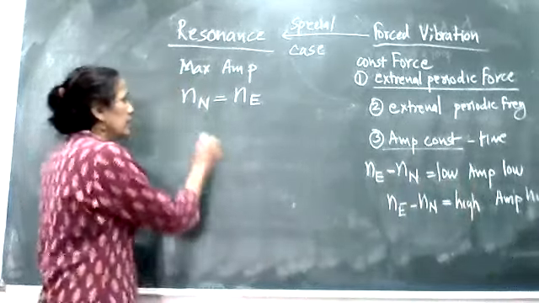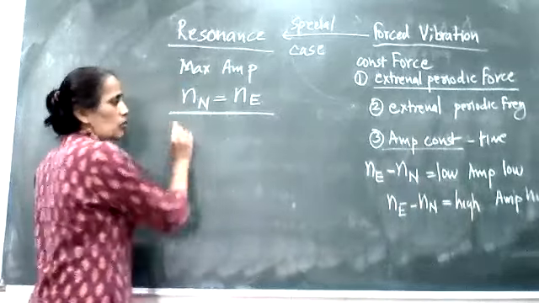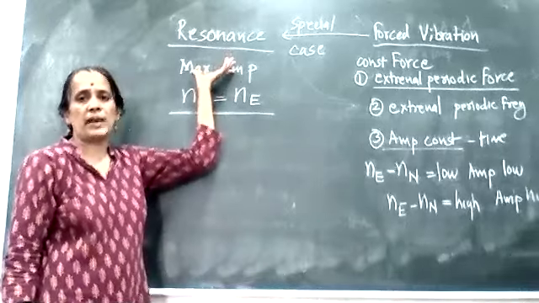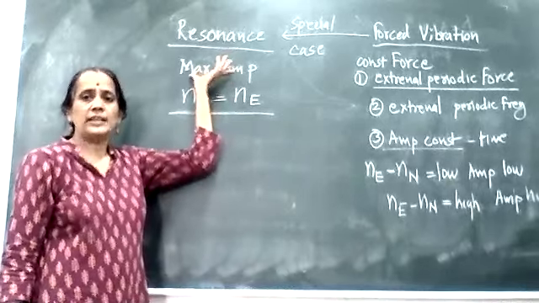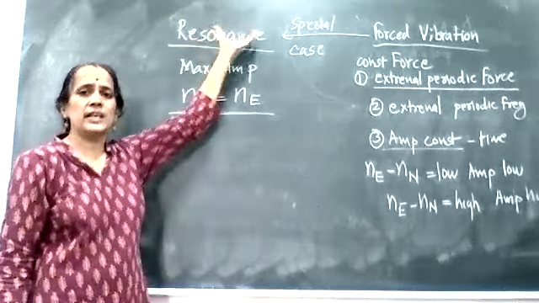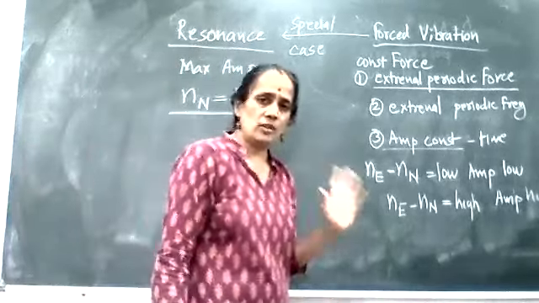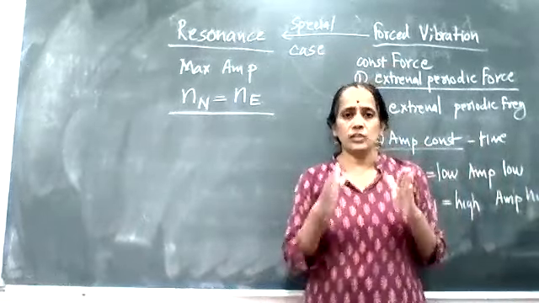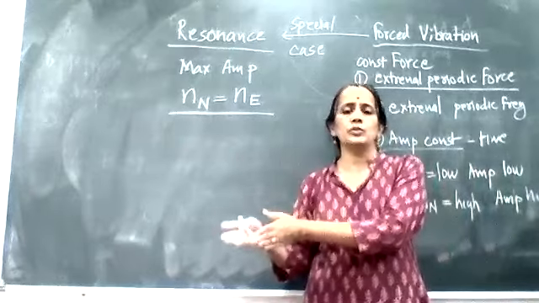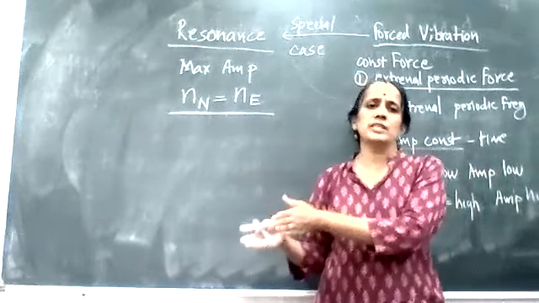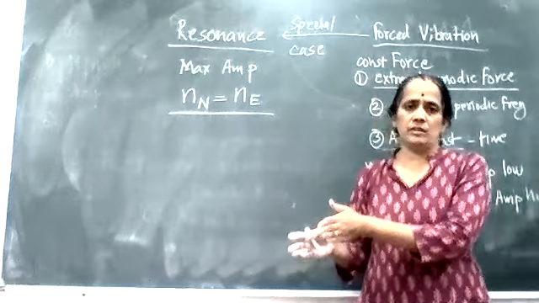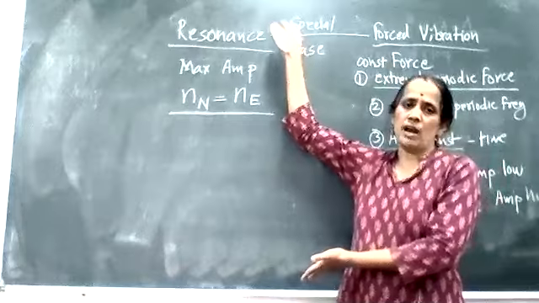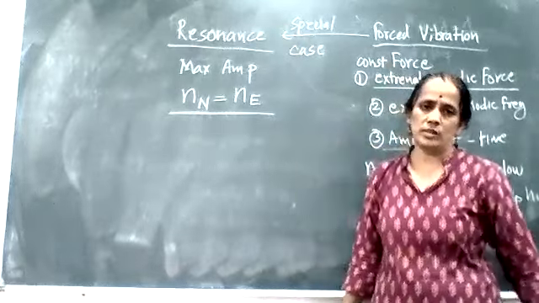But if the difference becomes zero, at that time the body will vibrate with maximum amplitude, and that phenomenon is called resonance. So resonance is the forced vibration in which the natural frequency of the body is equal to the external periodic frequency, then the body will vibrate with maximum amplitude. And that phenomenon is called resonance.